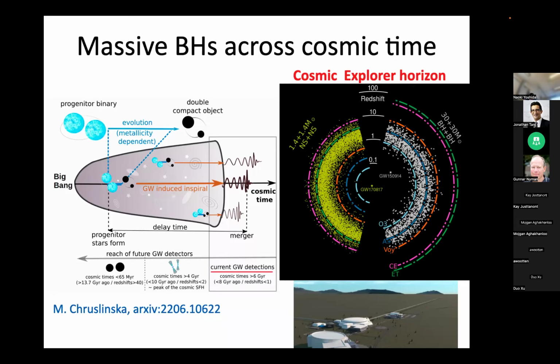But once the Cosmic Explorer begins operation, we can see these mergers everywhere in the universe, all the way beyond redshift 10 and even close to redshift 100. So this is spectacular. Anywhere in the universe, when these black holes merge, it hears their sound as gravitational waves. Okay.